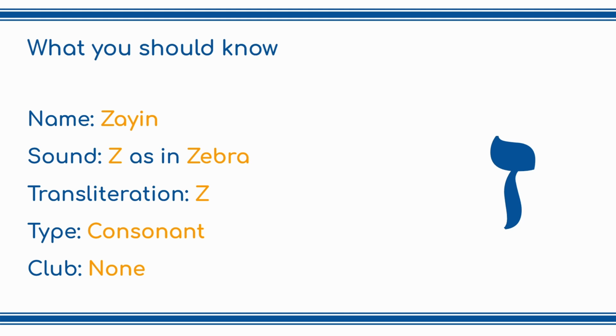So the names of the letters will help you remember the sounds, which is why I said you should listen to the Hebrew Aleph-Bet song after each lesson, because that will help you remember the names of the letters, and that will help you remember the sounds.